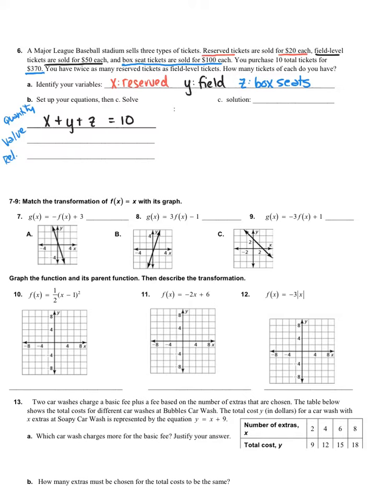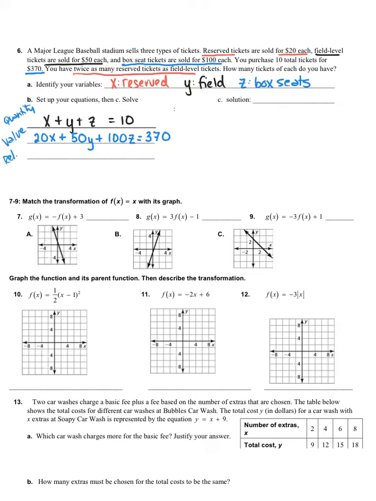So reserved are $20 each. The field are $50 each. Box tickets are expensive. They are $100 each, and you spent a total of $370 on those tickets. And then our last one, it's telling us that you have twice as many reserved tickets as field level tickets, okay?